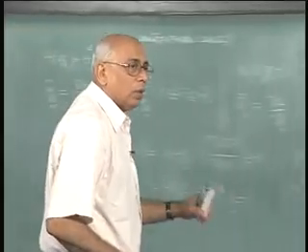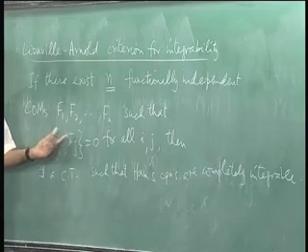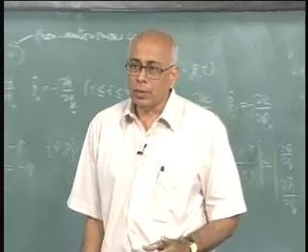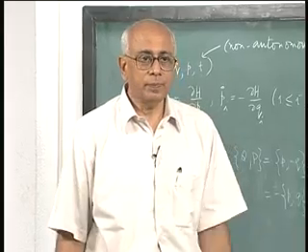Now two quantities A and B, or F1 and F2, their Poisson bracket is 0. I have been saying they Poisson commute, but I also pointed out that there is another term, they are said to be in involution with each other.